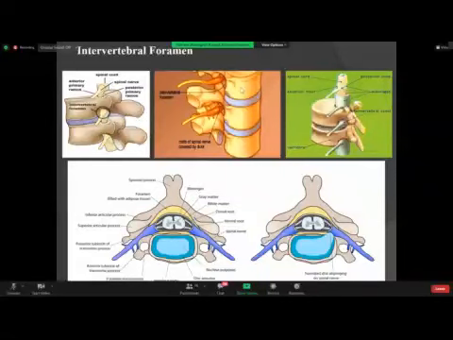Now, if you look at this whole system, there is meninges around it. You have your spinal cord going in, and all of this is covered around a bone. There is a body over here, the intervertebral canal where the nerves can come out.